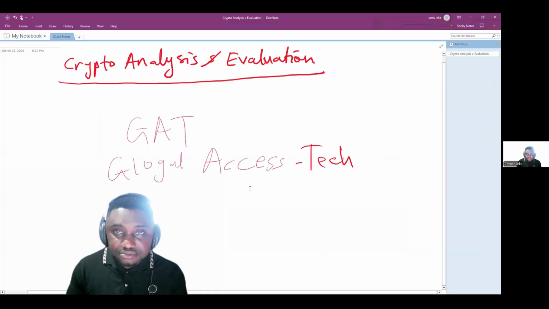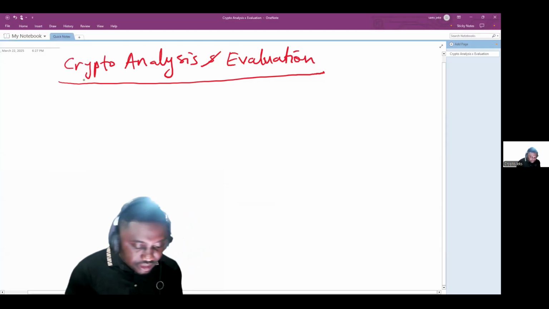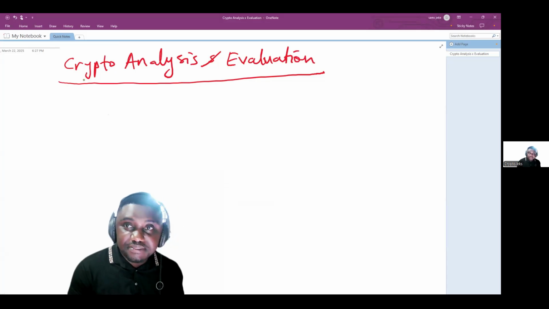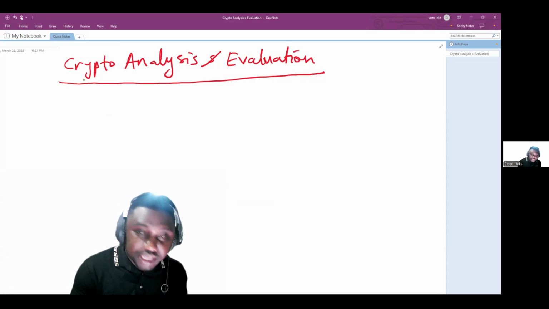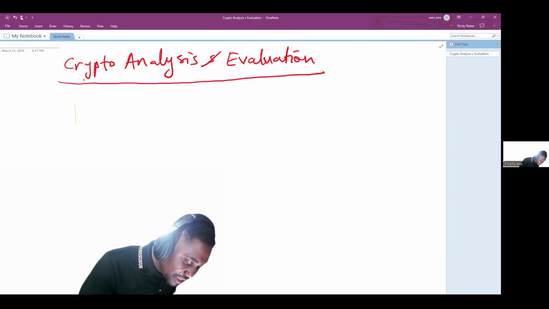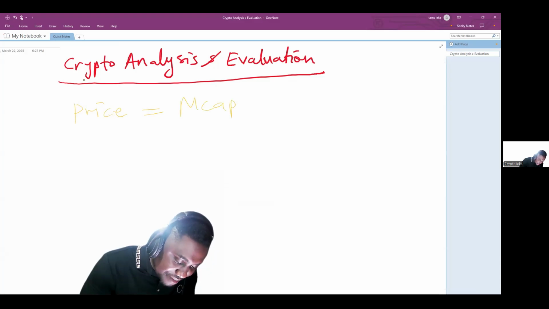One sec. So now, how do we calculate the price of a particular cryptocurrency? How do they arrive at the price? The price of a particular cryptocurrency is equal to the market capitalization, which I will represent as MCAP, divided by the circulating supply.